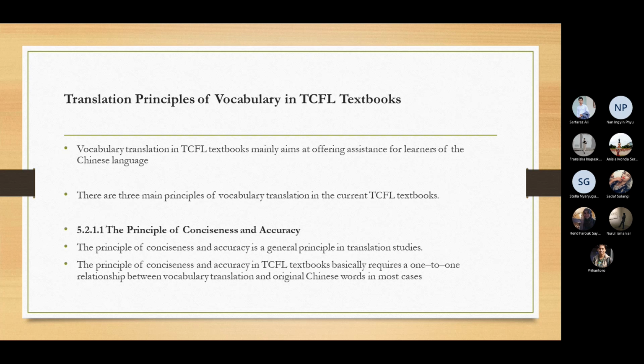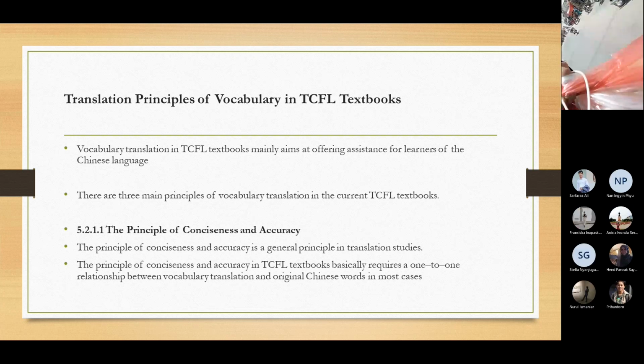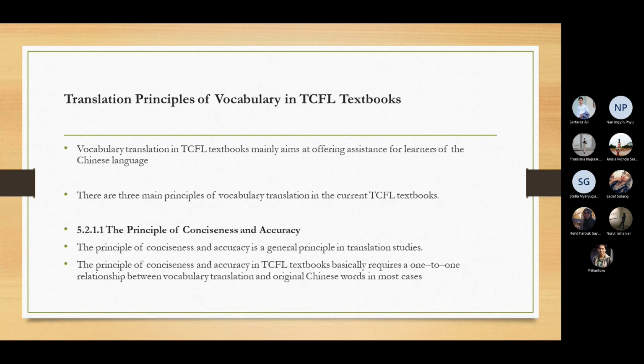Regarding the principles of vocabulary translation in TCFL textbooks, these were also divided into different categories. The vocabulary translation in TCFL textbooks aims at offering assistance for learners of the Chinese language, and the principles were divided into 3 main sections. There are 3 main principles of vocabulary translation in the current TCFL textbooks. The first is the principle of consistency and accuracy.